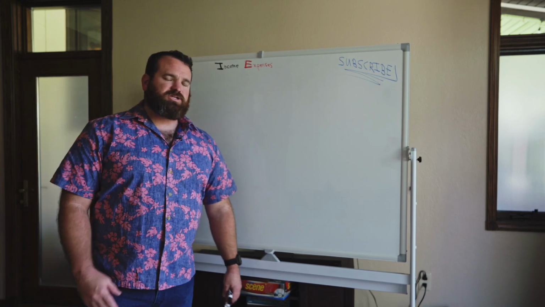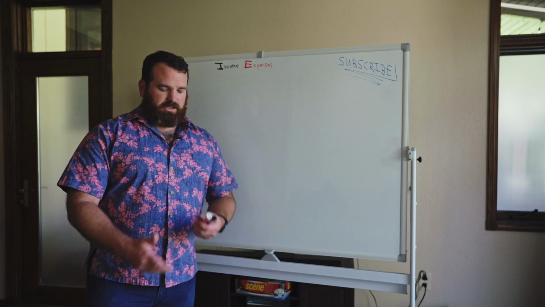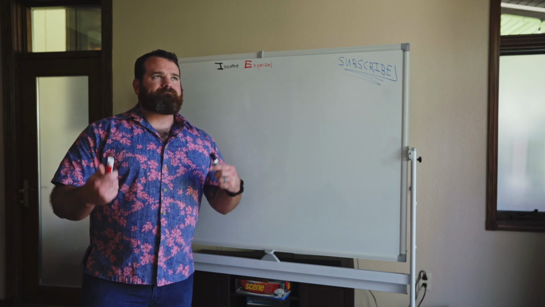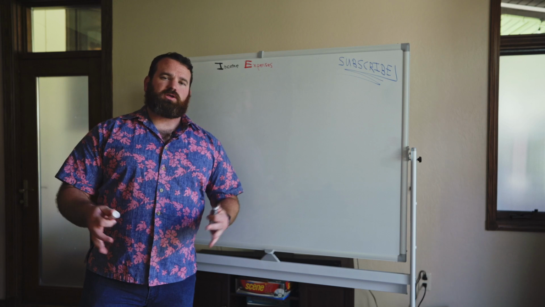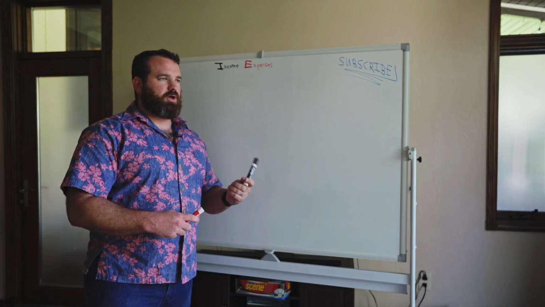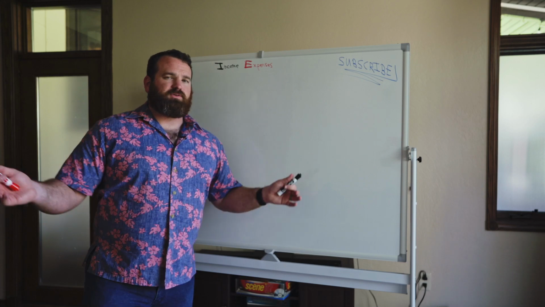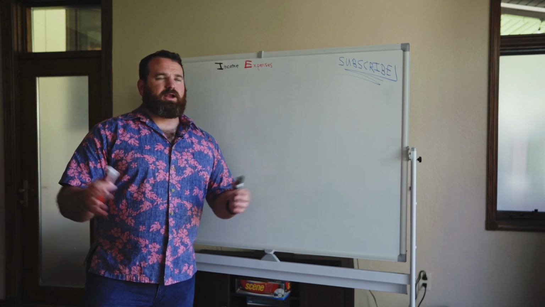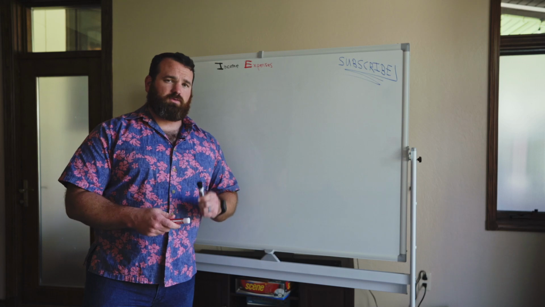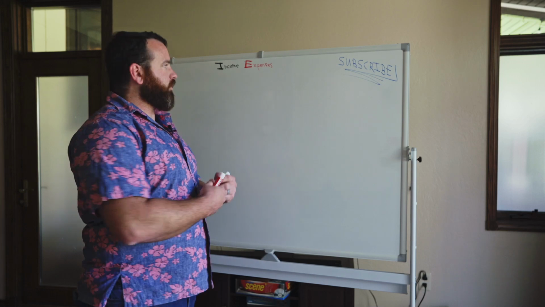I'm going to show you what you actually want to run for numbers and give you a much better idea. And to do this, we're going to try to use some really easy numbers. I used to do this with a $100,000 property. We're going to change everything to $200,000 because prices have gone up, and that's a little bit more realistic. I don't want to get super crazy, but we're going to do a $200,000 single family home, right?